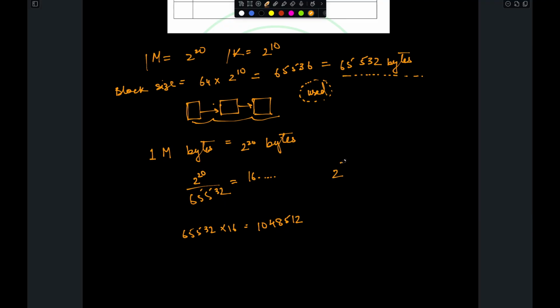And 2 to the power 20 would come out to be 1048576.